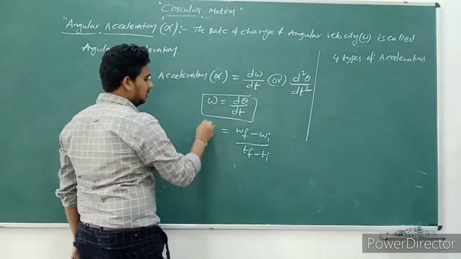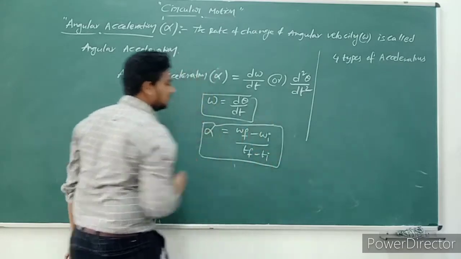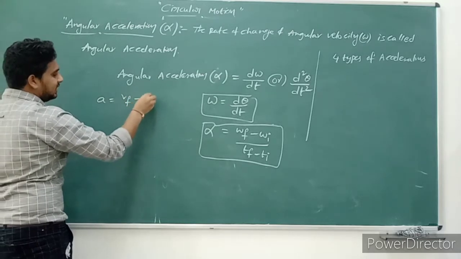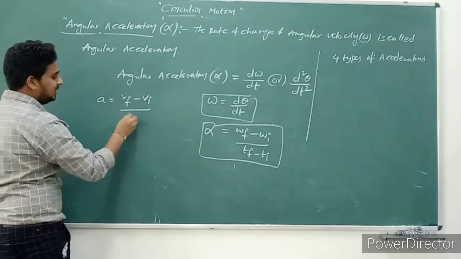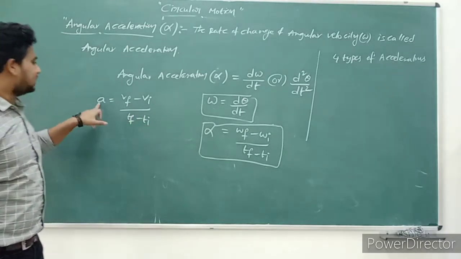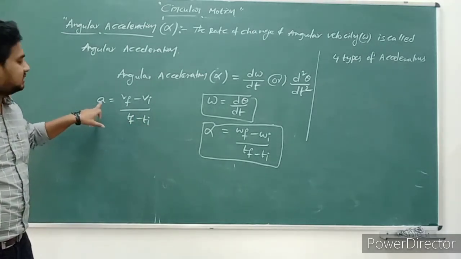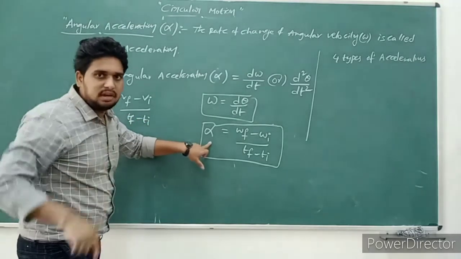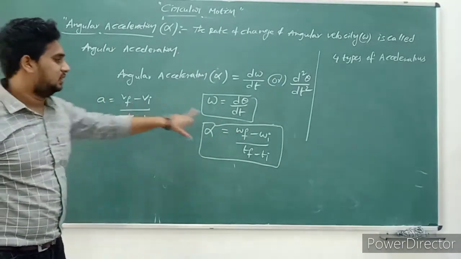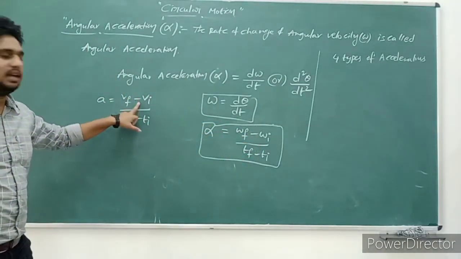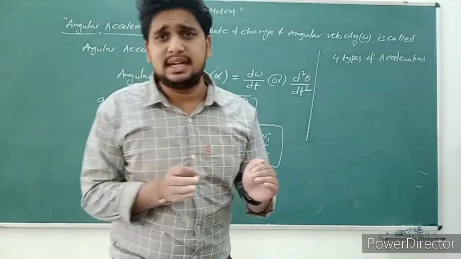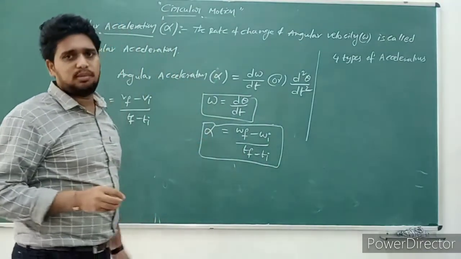This is the general acceleration formula. In the linear case, straight line motion, acceleration is Vf minus Vi by tf minus ti. Here also it is the same: in straight line motion acceleration means a, in circular motion acceleration means angular acceleration alpha. Here omega f corresponds to Vf and omega i corresponds to Vi. If you know the linear straight line motion, it is easy to write the formula for alpha.